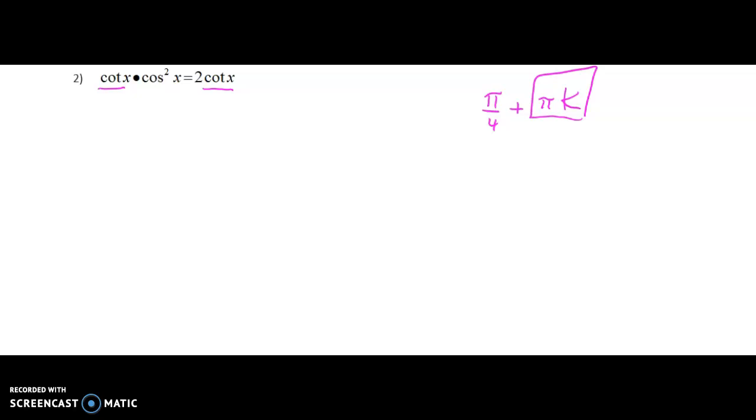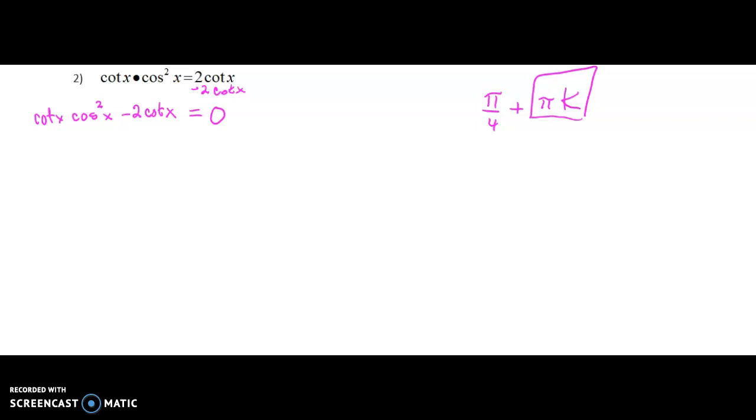By eliminating a trig function when you're solving, you are eliminating possible answers. So I'm going to start by subtracting 2 cotangent x from both sides to get my cotangents on the same side. So now I have cotangent x cosine squared x minus 2 cotangent x, and we'll set everything equal to 0.